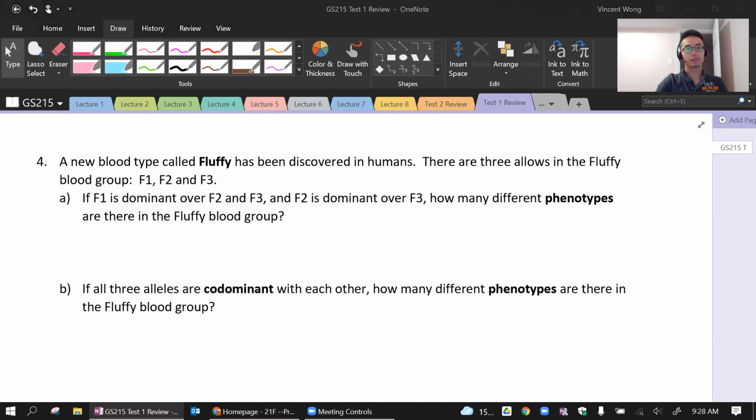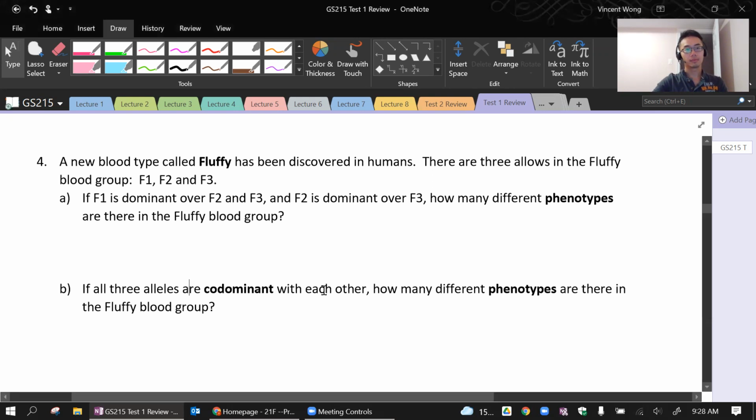So I figure it would be, since F1 is dominant over F2, it would be F1 and F1, F1 and F2. Okay, so F1, F1, we call 1, 1, and then F1, F2. F1, F2, and then we'd have F2, F2, F2, F3.